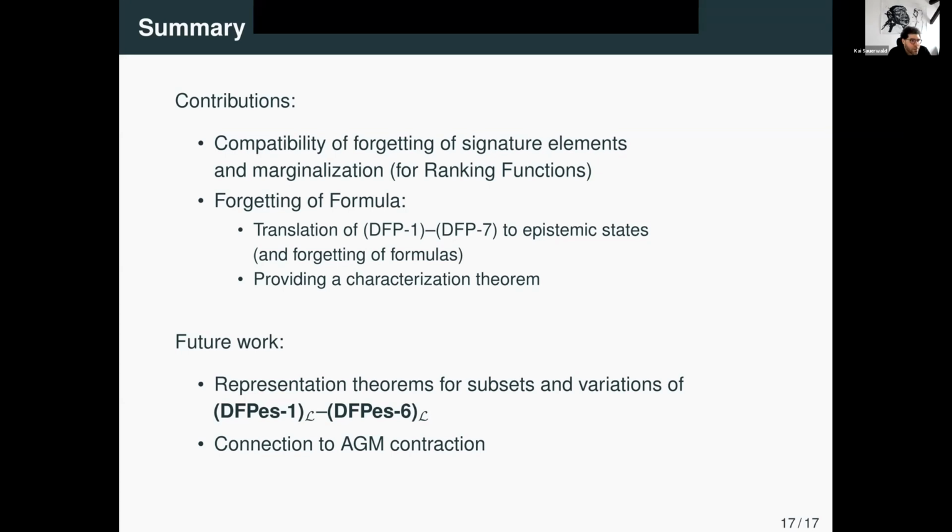What we are currently working on is looking at subsets of these postulates and variations of them, to get more meaningful operators and make these two frameworks more comparable. In the end, it would be nice to have a comparison between AGM contraction and this kind of signature reduction, respectively its translation. Thank you for your attention.